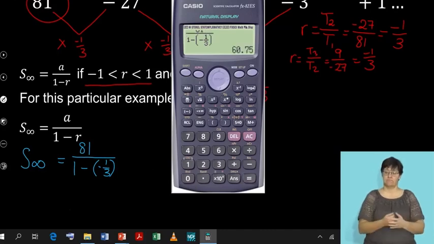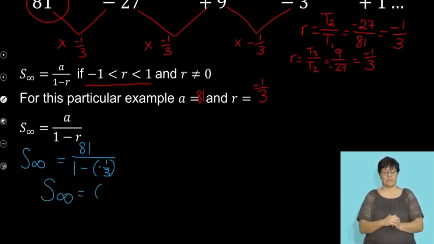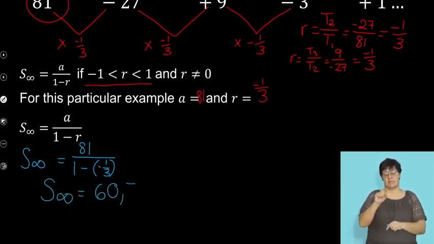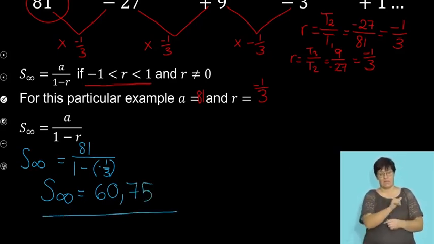So we can see that the sum to infinity of this particular sequence is going to get closer and closer to 60.75. So the sum to infinity is equal to 60.75. So this is the number that the terms of this sequence are going to get closer and closer and closer to.